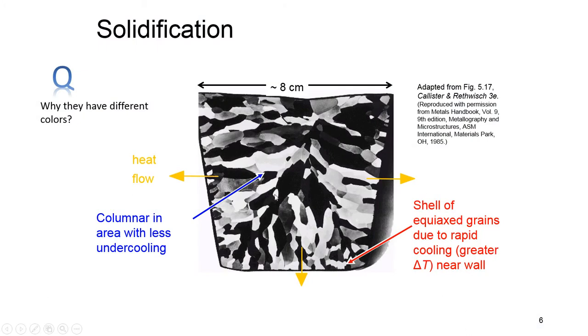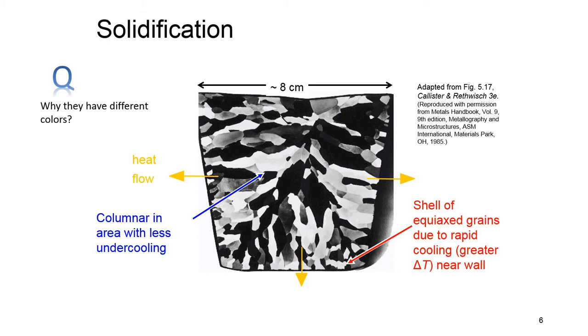That's why you see columnar grains in these areas that have less undercooling, and of course in these shells we have equiaxed grains due to rapid cooling. Here, in order to have better visibility, grain refiner was added to make smaller, more uniform and equiaxed grains here.